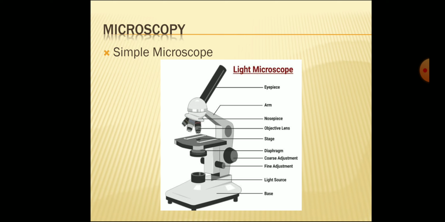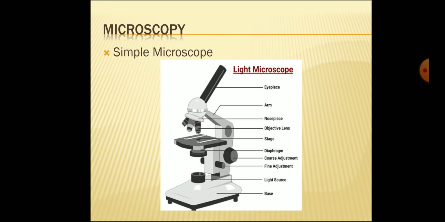Objectives are helpful for the formation of the image, and by the help of the eyepiece we can see objects in large size. So in such a way the simple microscope works simply.